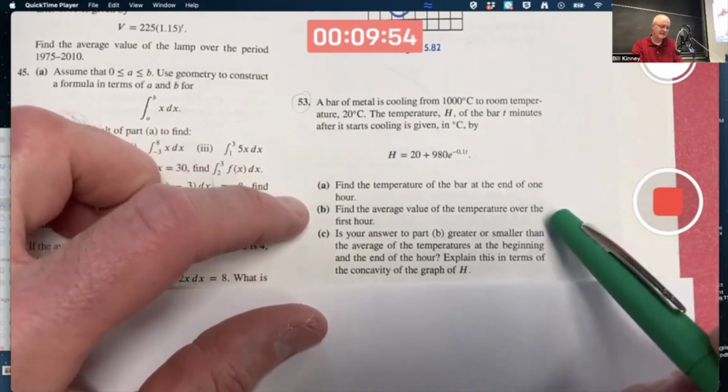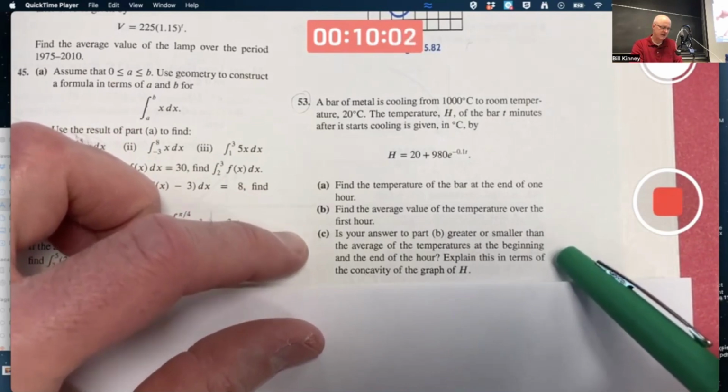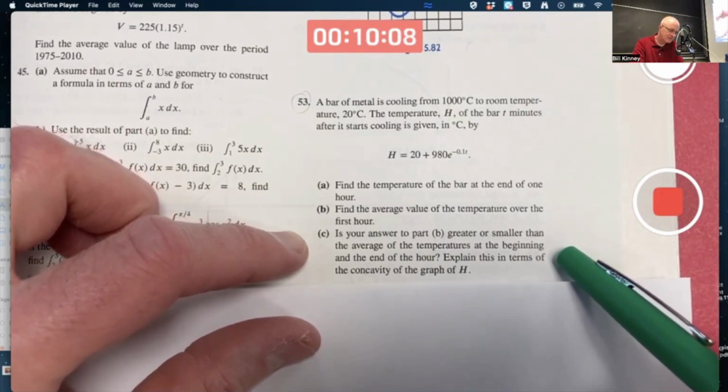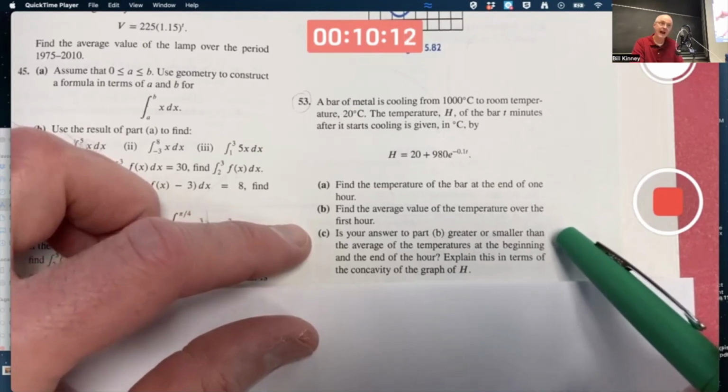Part B, okay, that says average value. Find the average value of the temperature over the first hour. And evidently C is about interpreting and explaining why your answer to part B is either greater or smaller than the average of the two temperatures at the beginning and the end of the hour.